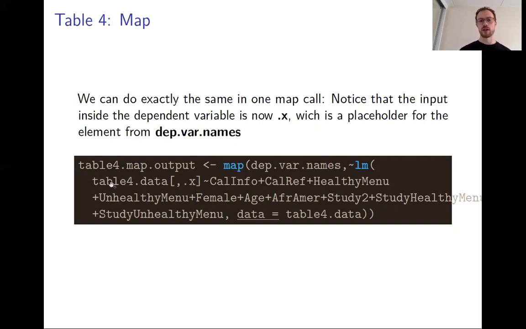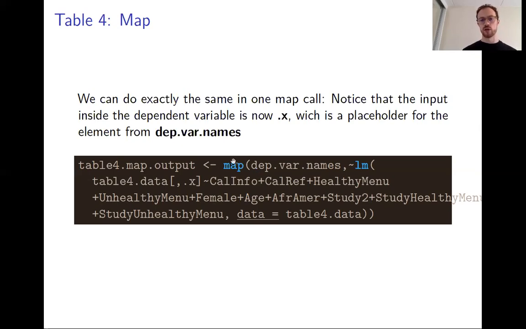What this does then is select the column that has the same name as the name of the dependent variable that we want to use, and then run this regression here. The nice thing about using map in this case is that we don't have to first specify an empty list that we're going to fill in each iteration, because map automatically collects all the output from each iteration and returns it as a list.